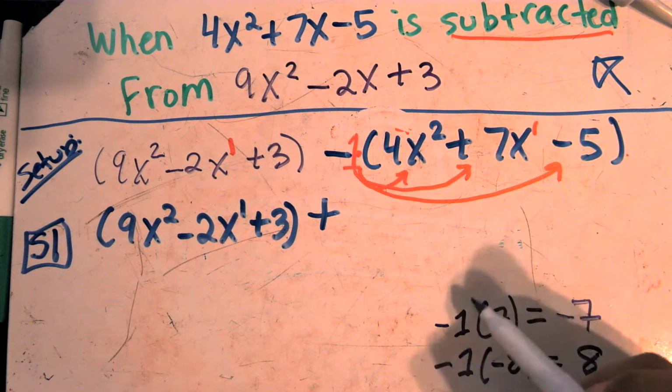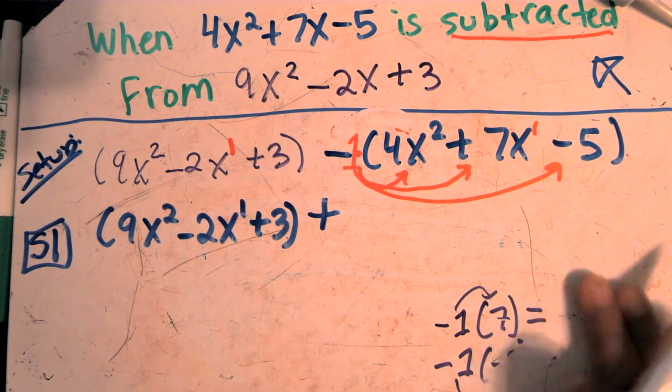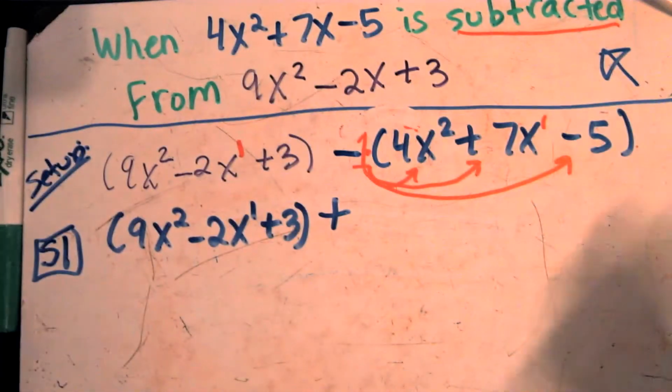So by distributing the -1, you're flipping the sign of the number that you're multiplying to the -1. So a +7 becomes a -7, and -8 becomes a +8. In the same sense, we apply that here.